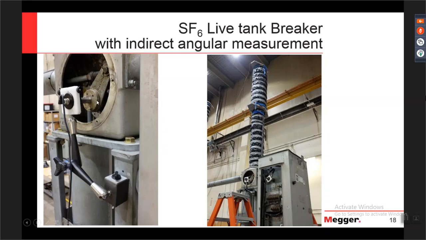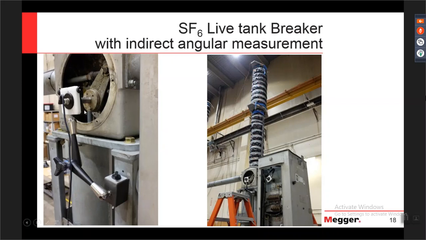If we look at the enlargement here, the rod is coming through this pipe connecting to this point, and this rod goes to the other phases, phase B and C. And this rod goes down to the opening spring, which is located in this compartment here. There is also a rod going up to the breaker pole, to the moving contact.